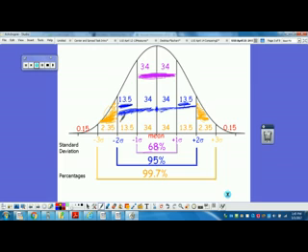So if I want to know how much data exists between 3 standard deviations below and 3 standard deviations above the mean, I would add up all these percentages here that are in orange. Or I could take the 95% that I already know and add the 2.35 and the 2.35, and that would give me 99.7.